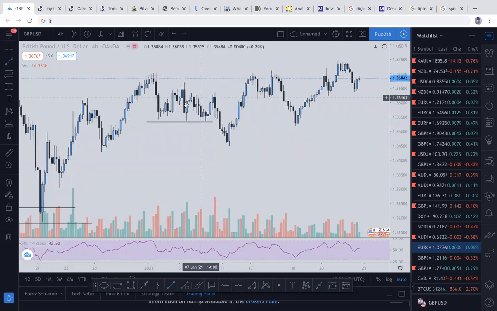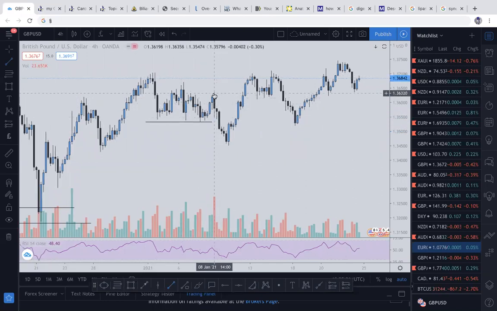Liquidity grab. This is the high that created the low. Now, this is the break of structure. What is inside this area? Imbalance. So now let's pull the fib.